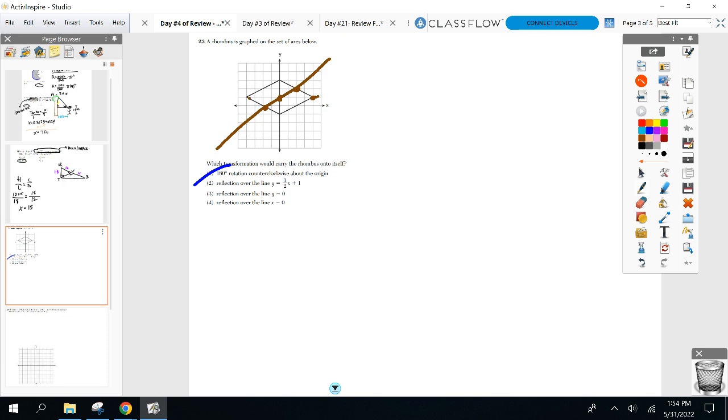Great job. Here's why I think this problem is tough. You could eliminate one easily. Two, we had a little bit of an issue with. Here's the problem. What the heck is y equals 0? Y equals any number is what type of line? Horizontal. And 0 would make this basically reflected over the x-axis.